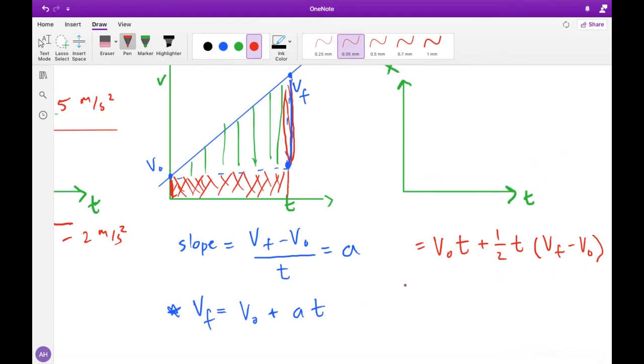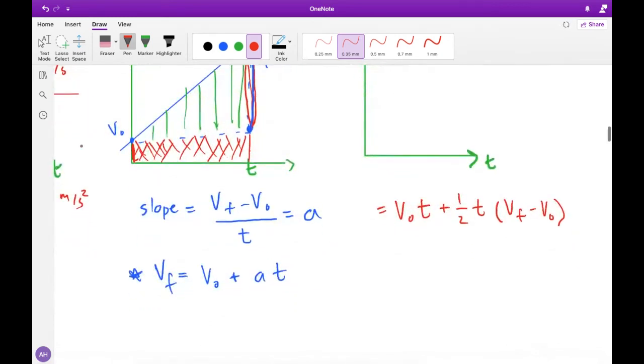Alright, so we can actually substitute this part here, this v final minus v initial.